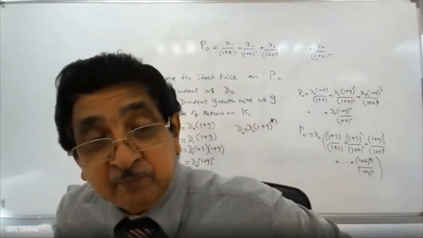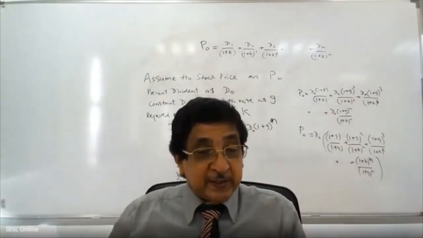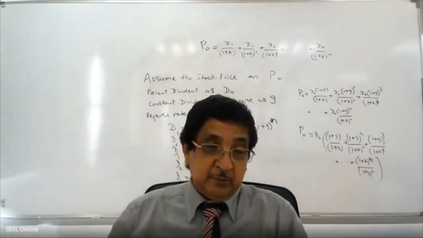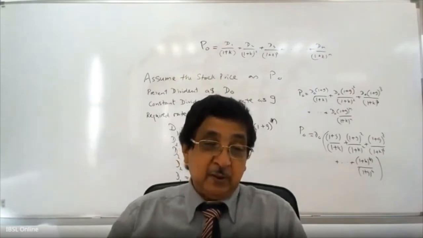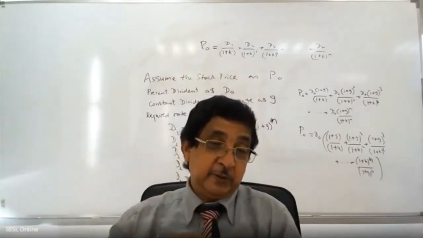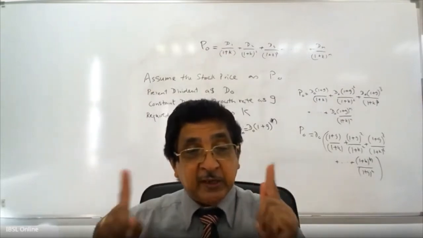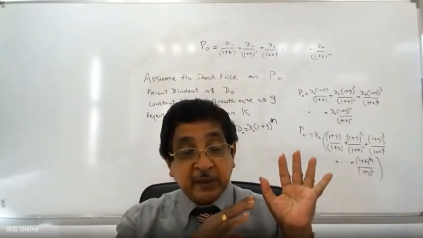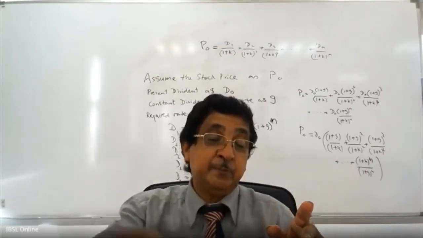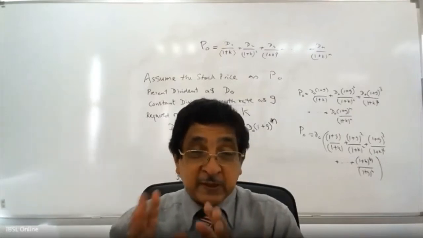For a geometric series where the common ratio is less than 1, we can arrive at a formula for the summation of its infinite number of terms. So we call such a series an infinite series. Now here also you get an infinite series because the particular stock is a perpetual one. There's no limitation for the lifetime. Therefore, we can really use this formula.